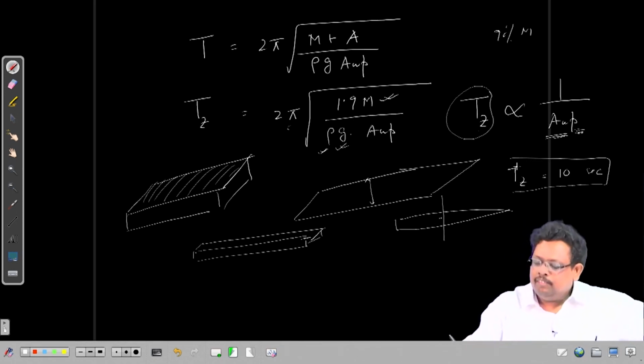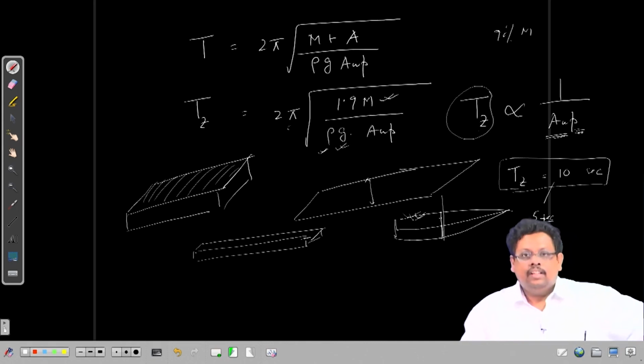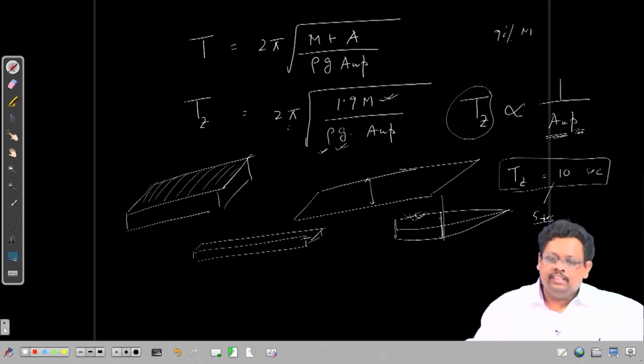Now, if you want to compromise on this and give more importance to the stability of the ship, and you increase the water plane area more, then it definitely comes down to 5 seconds. What is the difference between these two?